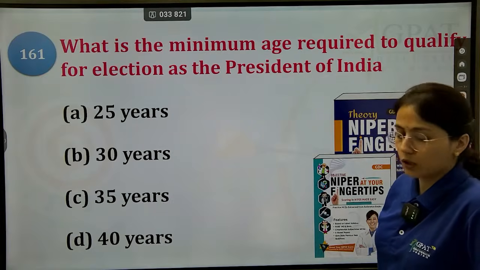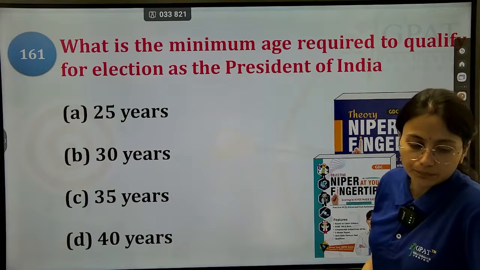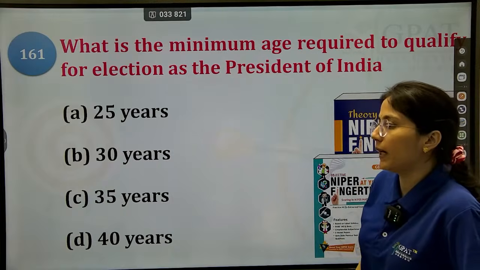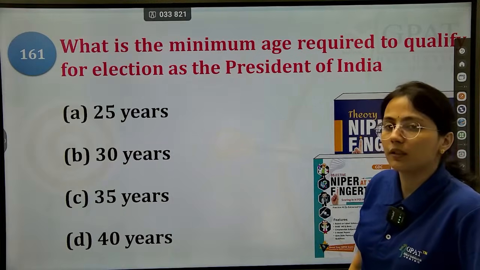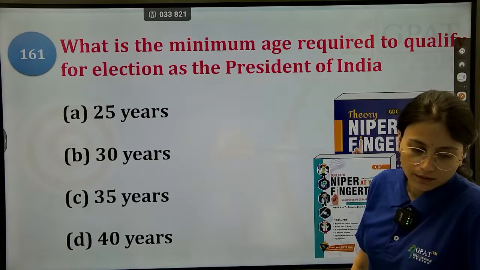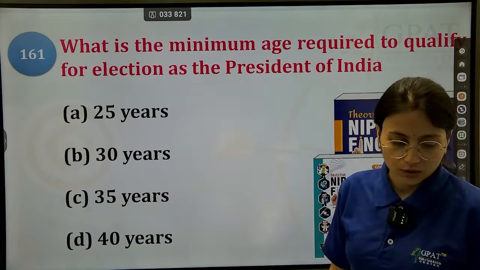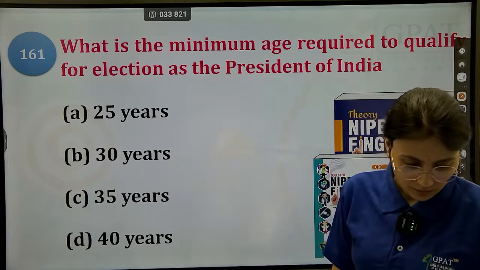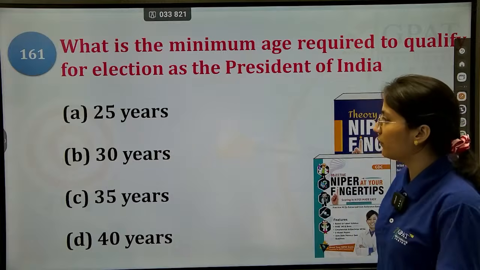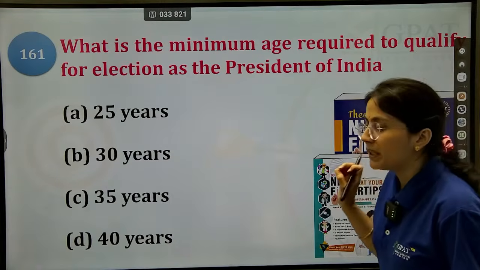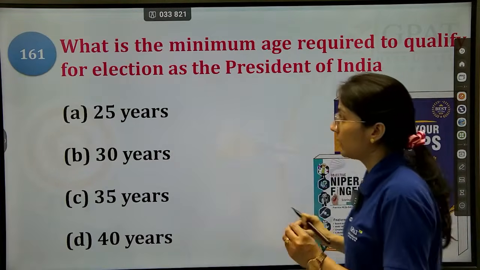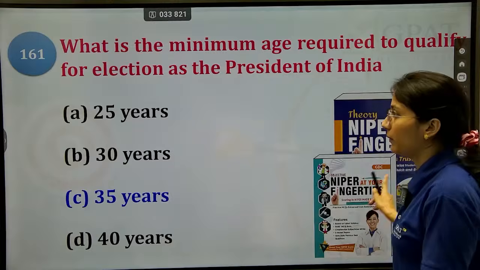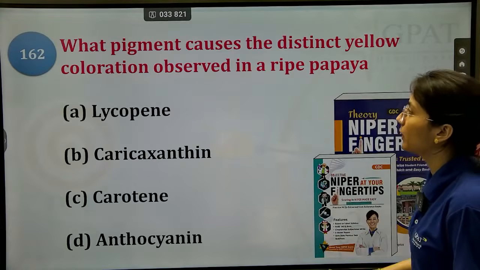That is 25, 30 years, 35 years, 40 years. So the answer is what? Option C, yes, 35 years is the minimum age required for the election as President of India. Okay, very good. Now move to the next question.